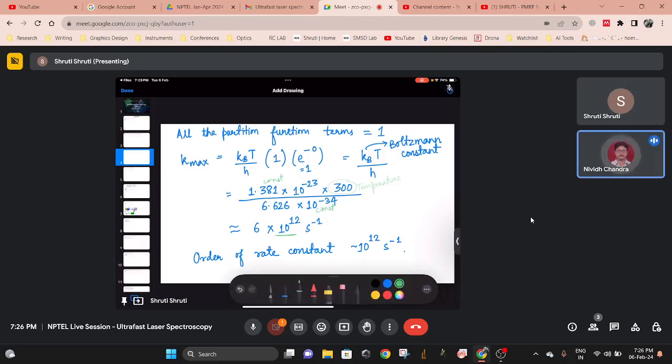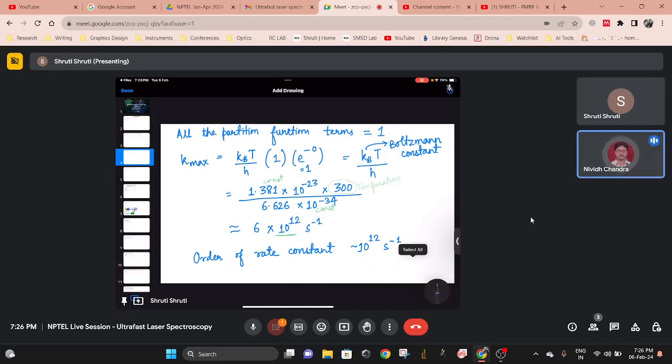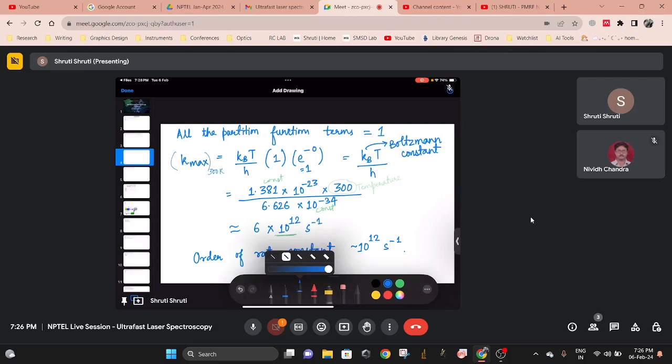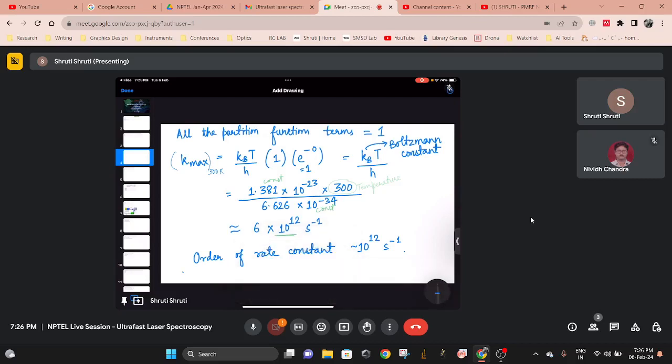But in that case, it cannot be called Kmax, right? Because if temperature increases, then it won't be 6.2. Let me write this as Kmax at 300 K. But there is always a limit to the maximum temperature we can reach for doing any reaction.